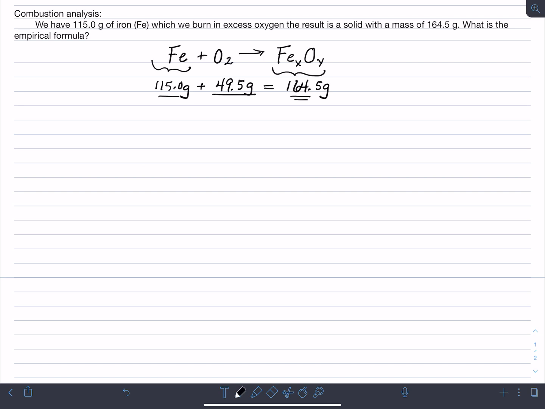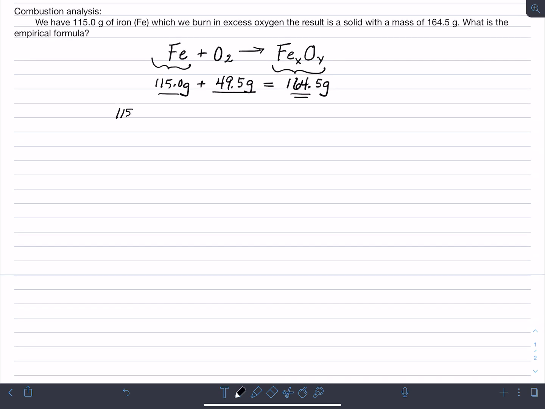So I know that if I have 115 grams of iron, for every 1 mole of iron, I've got 55.85 grams. That's my molar mass. So that means I have 2.059 moles of iron.